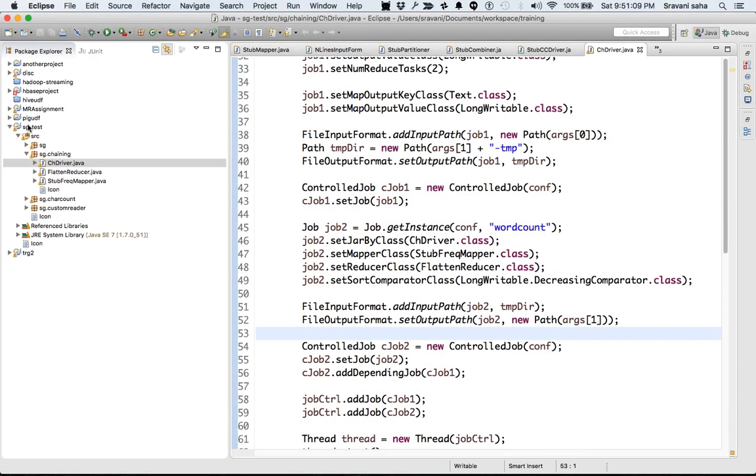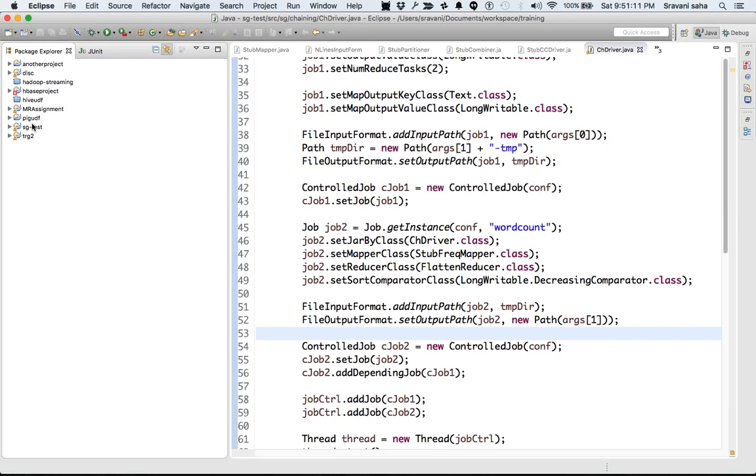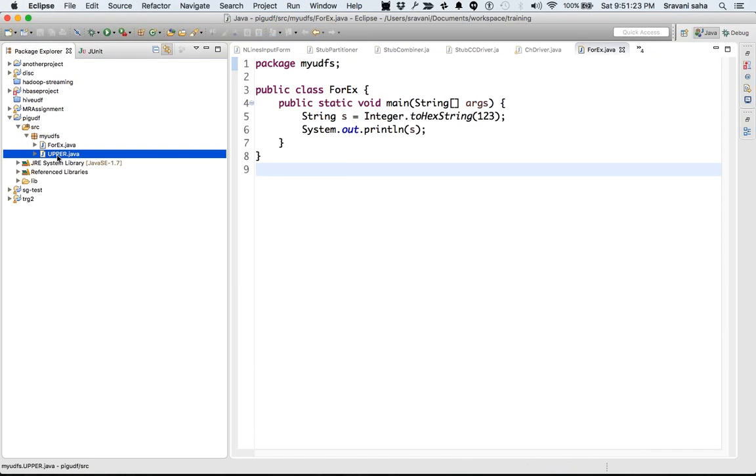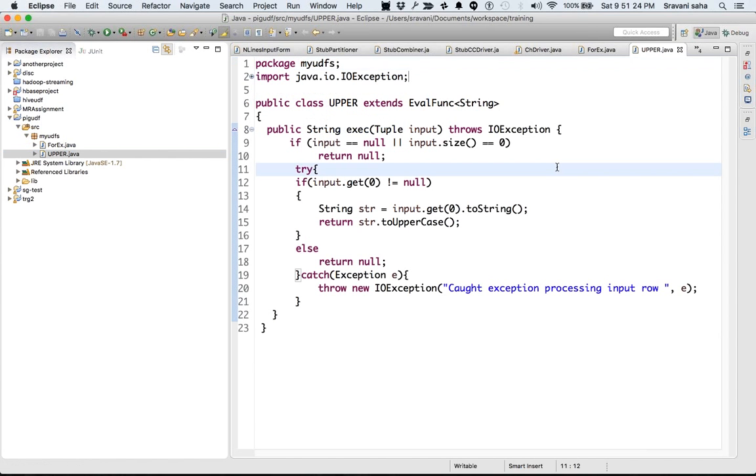All right, here we go. So we have pig UDF like this. Let's have a look at our function. So we are defining a class called upper.